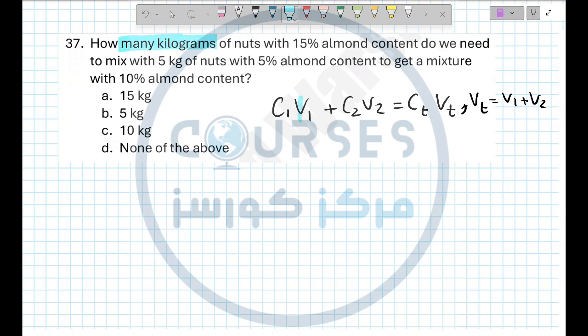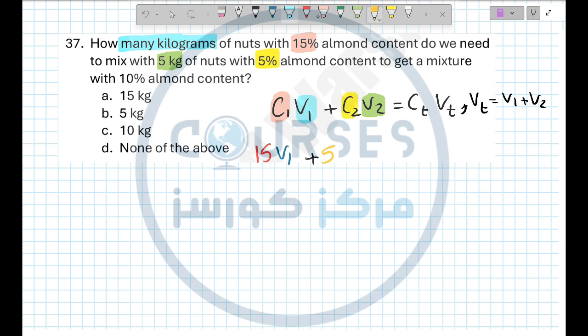How many kilograms? He's asking about V1 with 15% almond content. So this 15%, that's your C1. So this is 15, you don't have to write it with a percent. Plus, do we need to mix with 5 kilograms, that's your V2, with 5% almond content, that's your C2.